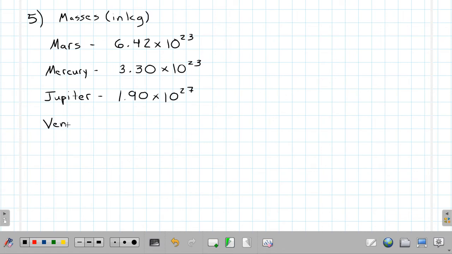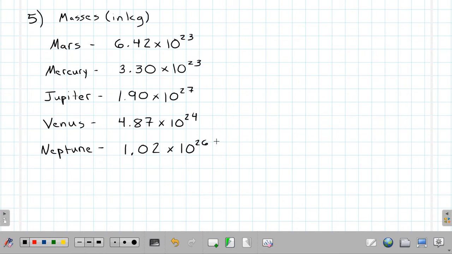Venus having a mass of 4.87 times 10 to the 24. And then lastly, we have Neptune having a mass of 1.02 times 10 to the 26.